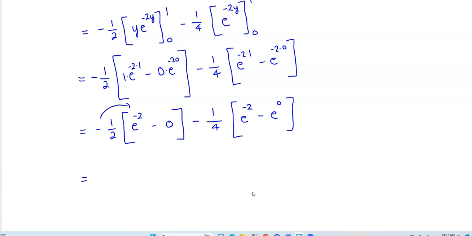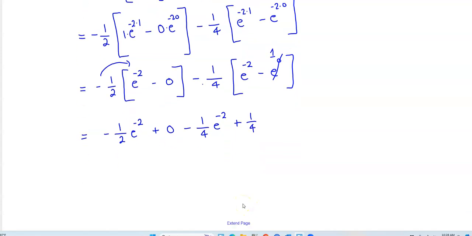If we distribute, negative 1/2 times e to the negative 2 is negative 1/2 e to the negative 2, and that's plus 0, minus 1/4 e to the negative 2. Negative 1/4 times e to the 0, which is 1, so negative 1/4 times negative 1 is plus 1/4.